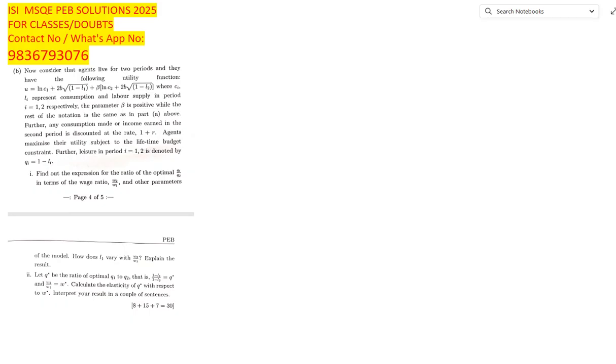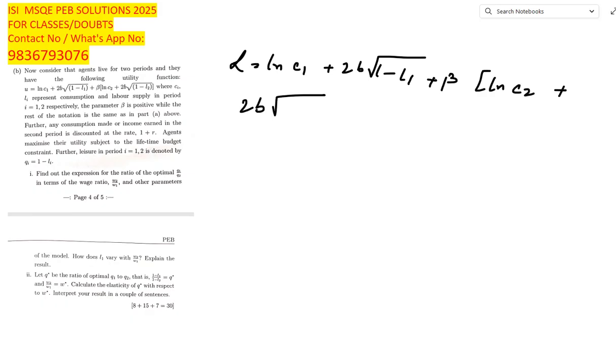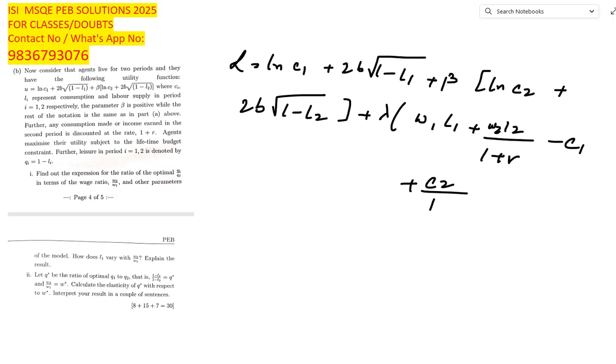So first we form the Lagrangian, with the log terms, the square root term, plus beta, and the budget constraint term with 1 plus R. Now we take first order condition with respect to C1 and C2.